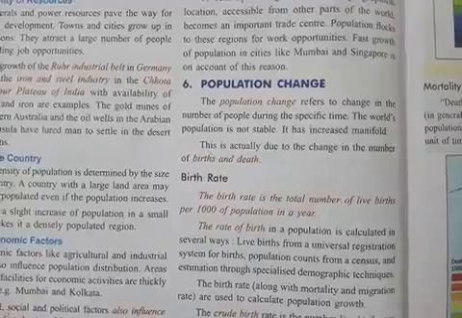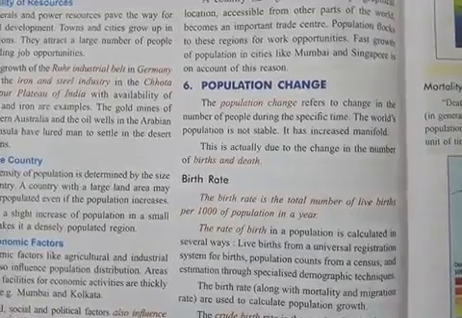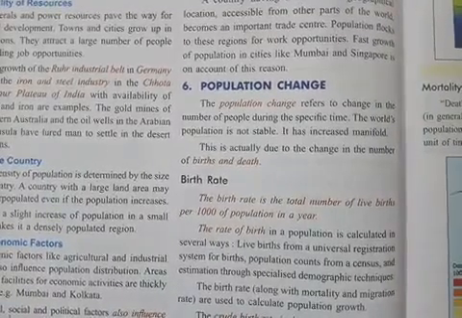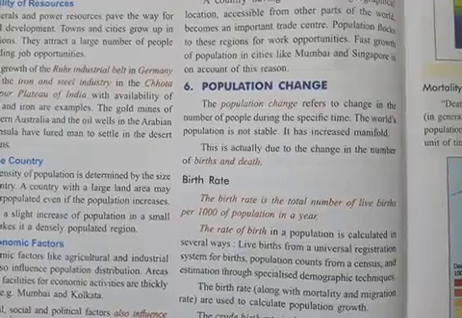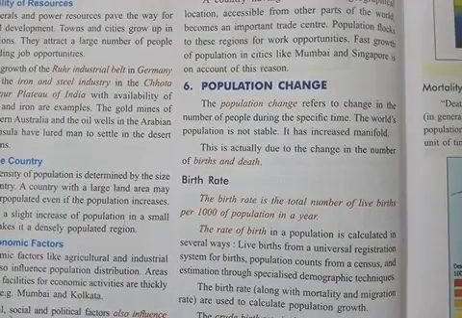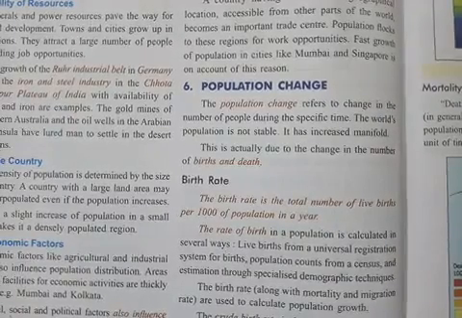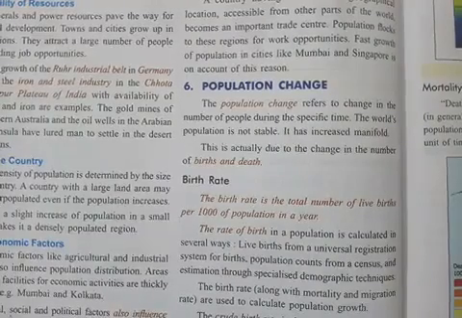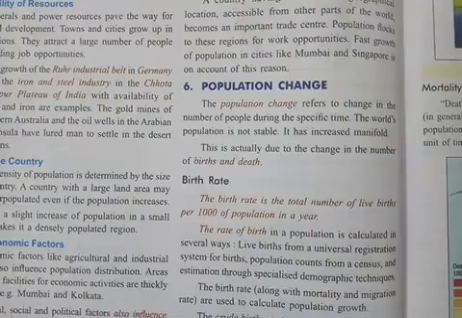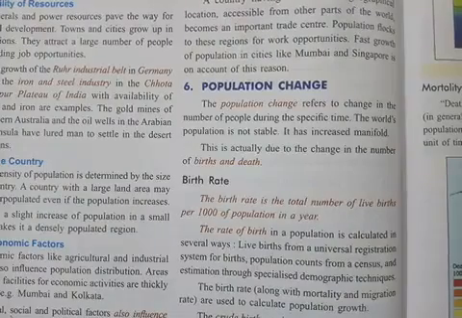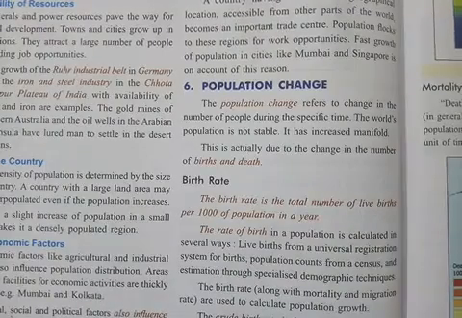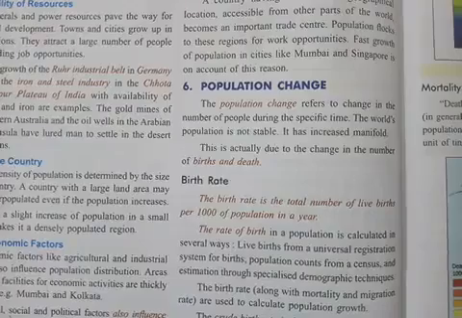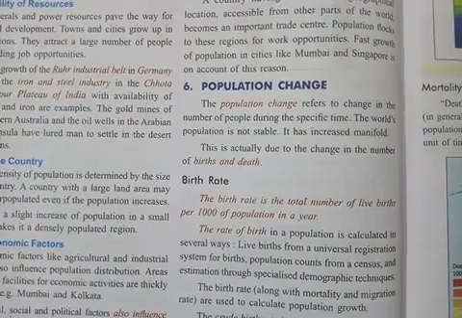Population change usually refers to the change in population in a given time period, maybe 1 year or 2 years or maybe 5 years. But usually population change is taken for 10 years, and this is why it is also known as decadal population change.